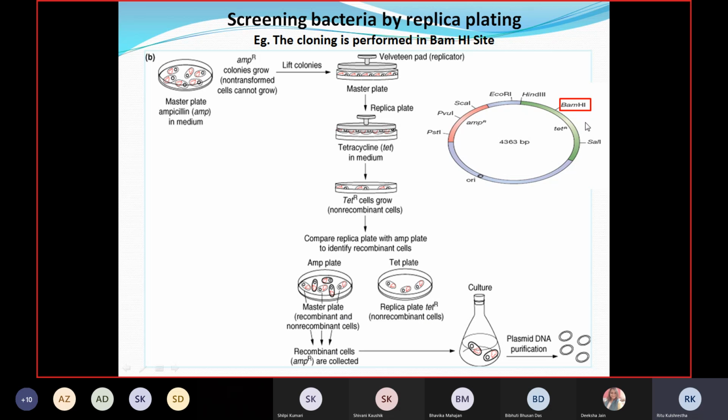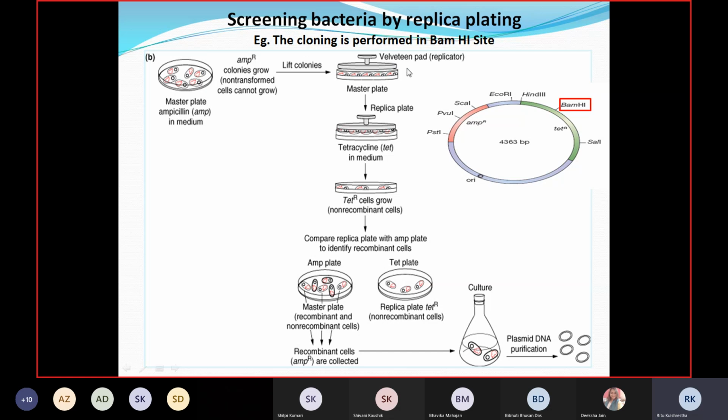Here also they have cloned in tetracycline only. My point is that first you grow a master plate in ampicillin. To my understanding, everything will grow here except the bacteria which has not taken up the plasmid.